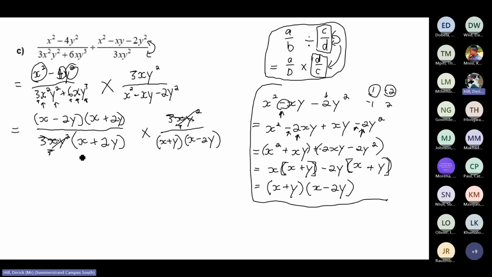But that is not the end. We can do some more. So here we've got an x minus 2y. Here we've got an x minus 2y. So what am I going to do? Bam, bam, bam, bam. How lovely is that? Already this question is diminishing in front of our eyes. Now we've got an x plus 2y over here and an x plus 2y over here.